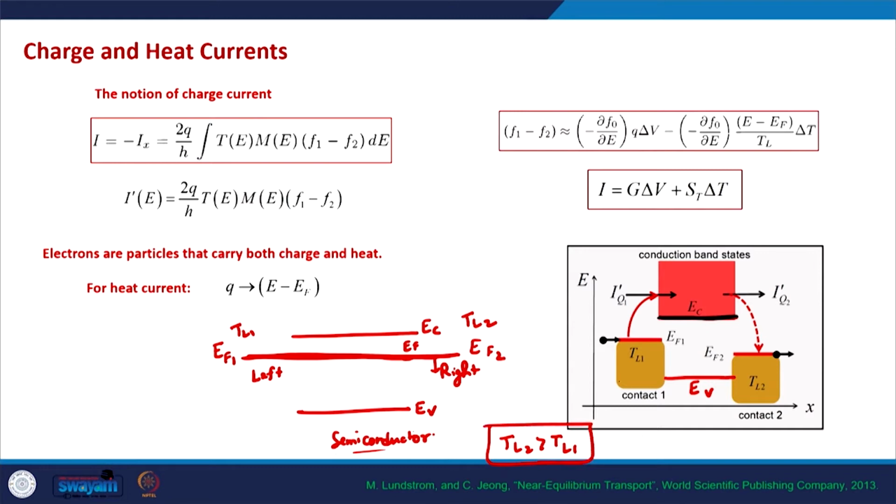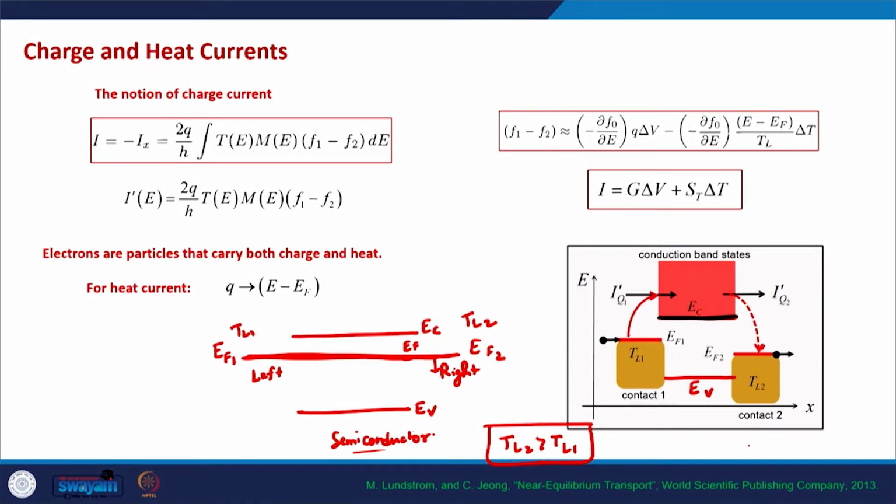Let us assume TL2 is greater than TL1, and in that case there is a net flow of electrons in the system. The way electrons flow is that electrons will start from the left contact, jump into the semiconductor conduction band, and from the semiconductor conduction band they will jump to the right contact Fermi level.